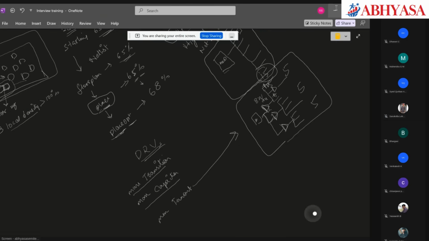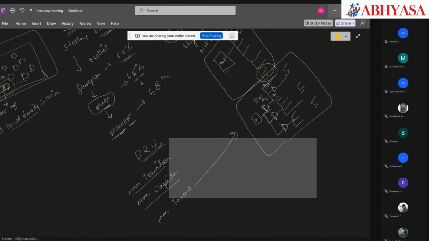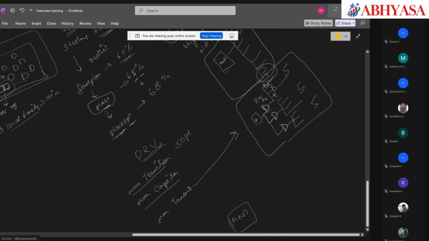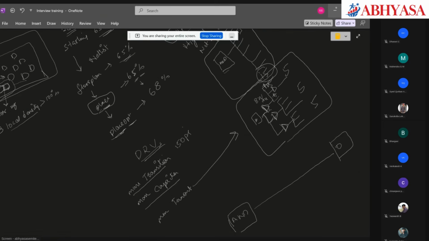So let's say my max transition limit, as they call it, is 150 PS. Again, I will draw an AND gate. Now it is driving a NAND gate or an OR gate. Transition for this net is 180 PS.